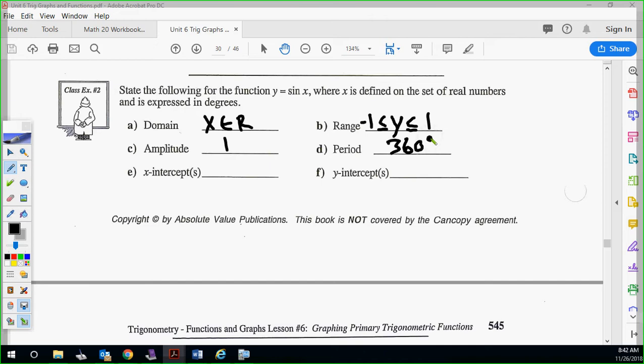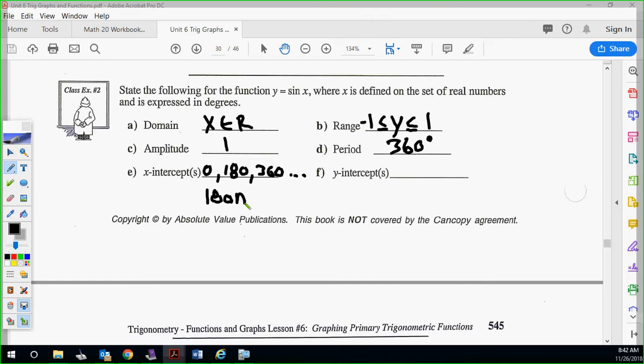And what are our x-intercepts? Right, so it's going to be 0, 180, 360, etc. And so what they're going to say is it's essentially going to be every 180. So they put 180n. So every 180, there's going to be a 0, in either direction.